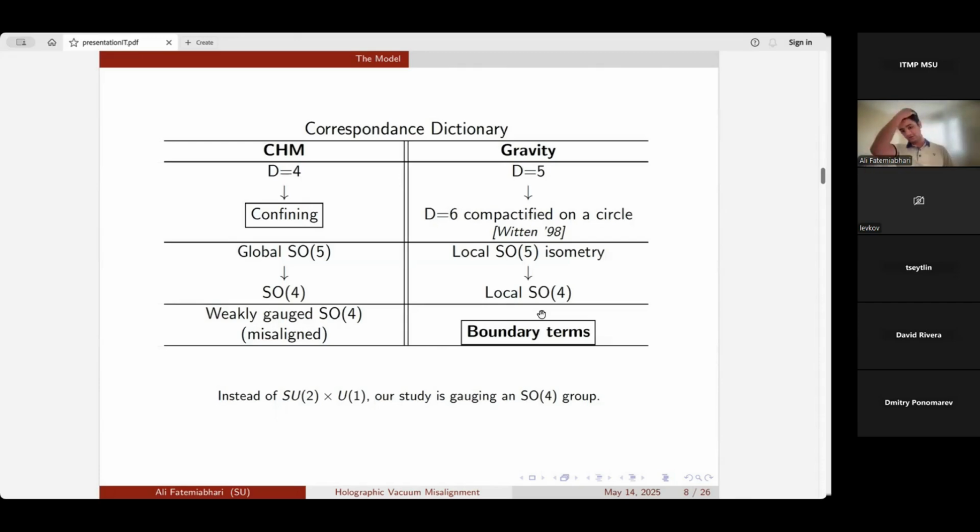We want to gauge a subgroup, but at the gravity level, doing this is a bit complicated. We are adding some boundary terms which break the symmetry explicitly, and we don't want to do that. So we add some spurions to compensate for the problem, basically. Then at the end of the calculation, we take a limit in which we get rid of the spurion. Okay, thank you.